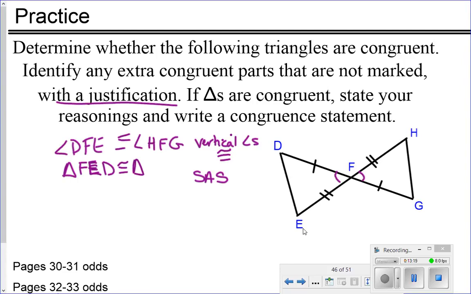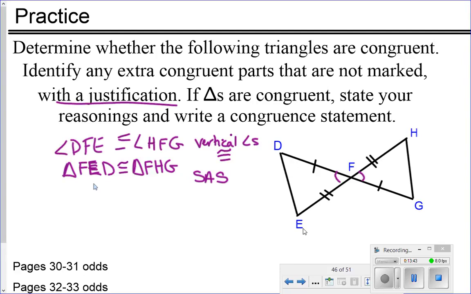So F then E, looks like I started with the side that's a 2. So F then E then D means F then H then G. And check that. Angle F is congruent to itself. Yep.